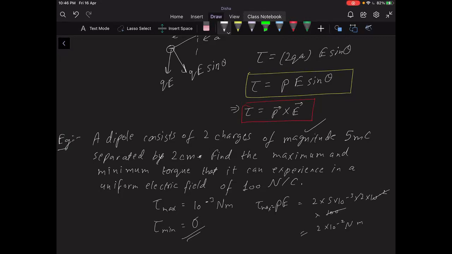Won't it be 1? Wait, am I doing something wrong here? Okay, 5 into 2. So what's this 2 all about? Nothing, nonsense. Yeah, it will be 1. Now I am making mistakes. So charge into distance. Distance is 2. Correct. And charge is 5 into 10 to the power minus 3.